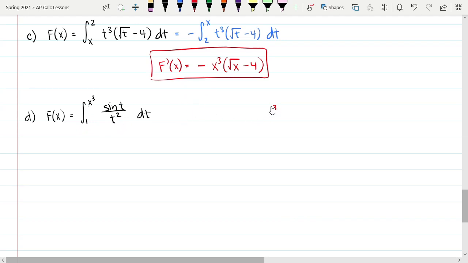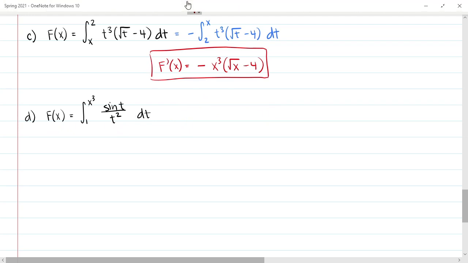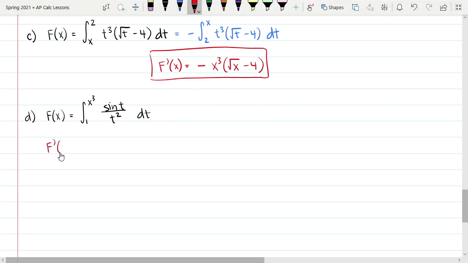So what that means is, to find the derivative of this, you're going to do the same thing. So the derivative of big F is going to be, so same thing, I'm going to start by replacing the t's with x to the third. So this is now sine of x to the third over x to the third squared. But because it wasn't just an x, it was more than an x, we have to multiply by the derivative of x cubed.